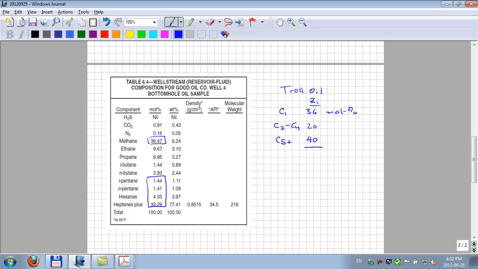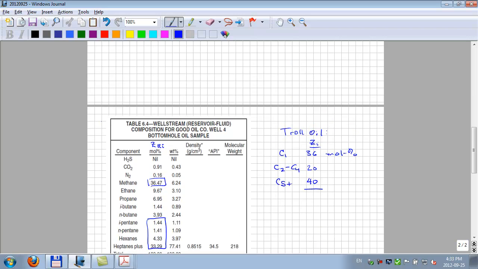At least when we calculate on it, you can feel like you're doing calculations on something similar to Norway's third largest oil field. So we'll use this composition for our calculations. So this is going to be our Z reservoir i. Okay.